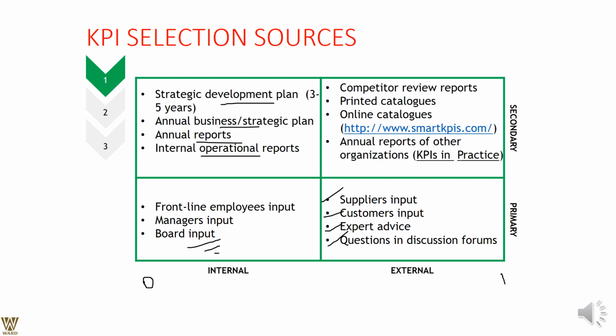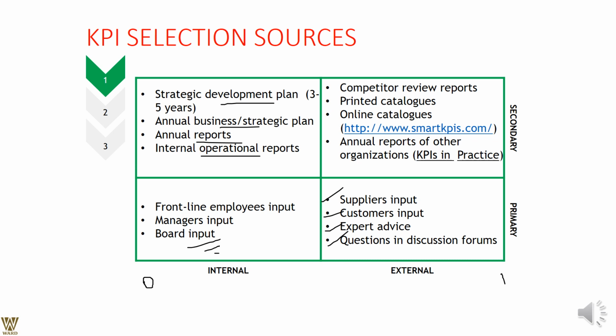As in the secondary category with the external respect, I have mentioned two wonderful websites for you to understand or go for further study in case you are interested. That is smartkpis.com, and we will be providing the annual reports of the organization. Now, this is what we are looking into.